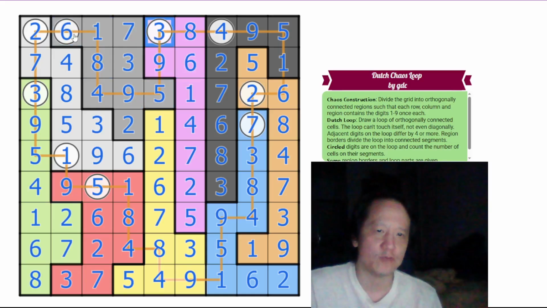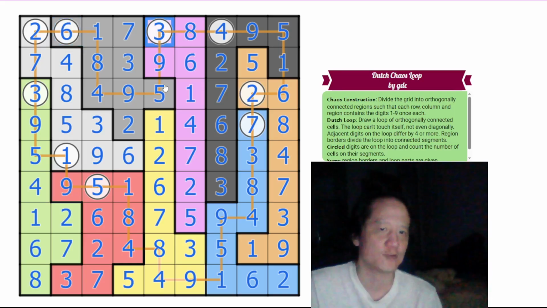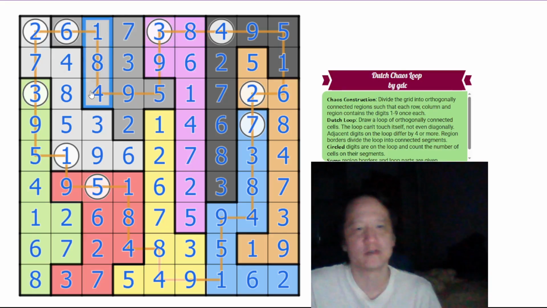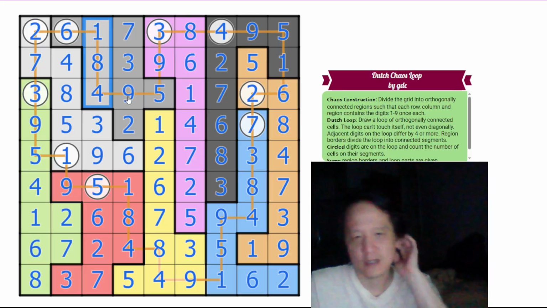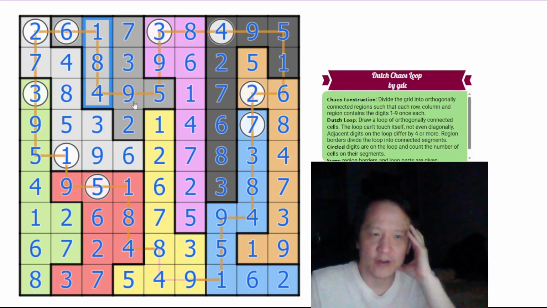This could still be 1 and 3, but then until I've proved that this could never be 7, right? If this is 7, this could never be 3. If this is 3, that forces this to be 7, which forces that to be 1. But then this 1 wouldn't have a region for itself, and it cannot be part of the medium gray region. But you have to go through those things to basically figure that out.